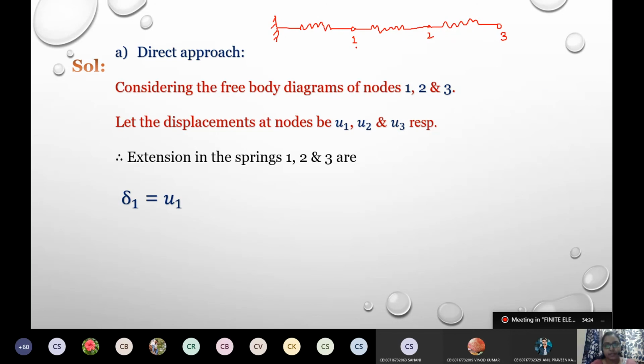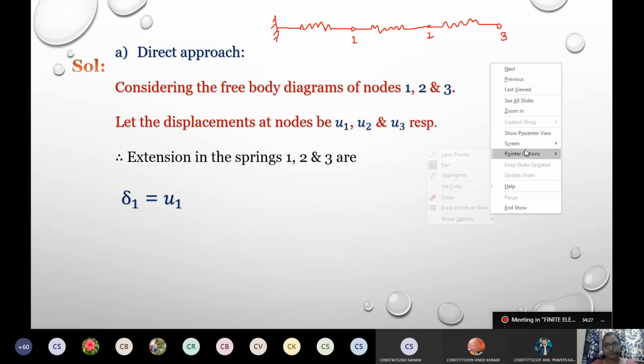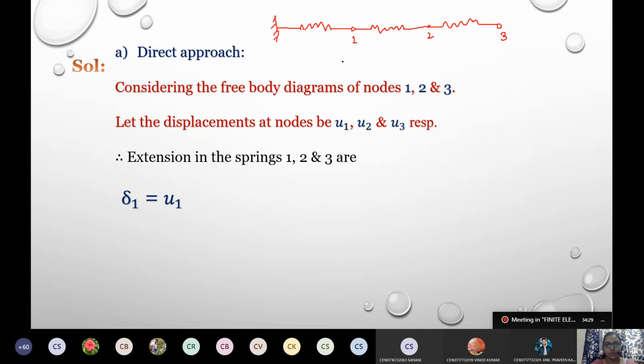All right. Now, when I'm looking into node 1, spring 1 is attached to node 1 alone. So whatever displacement happens in node 1 will be the extension for spring 1. All right. When I'm looking at node 2, spring 2 is attached to node 2, but spring 2 is also attached to node 1.